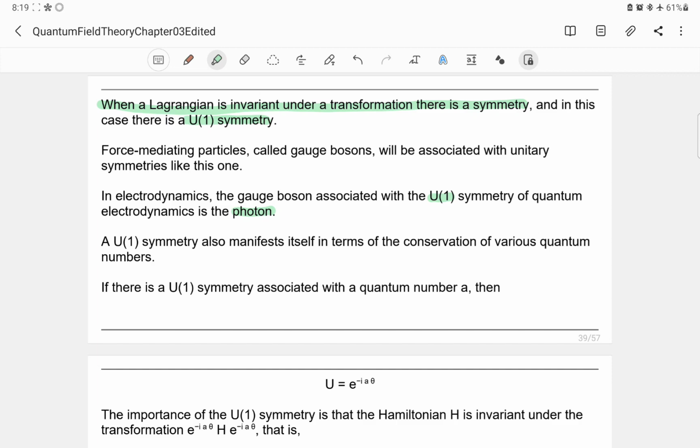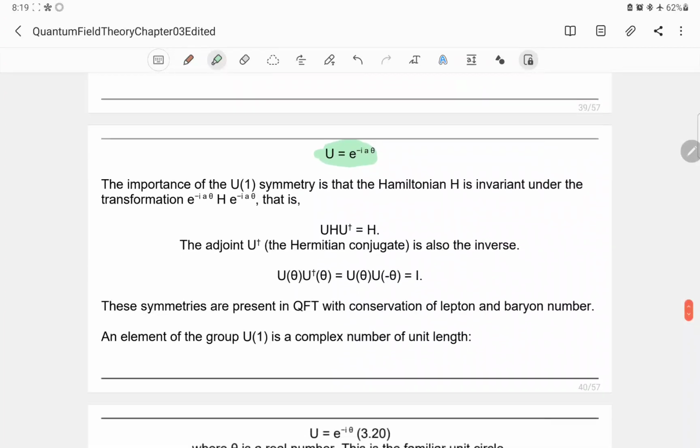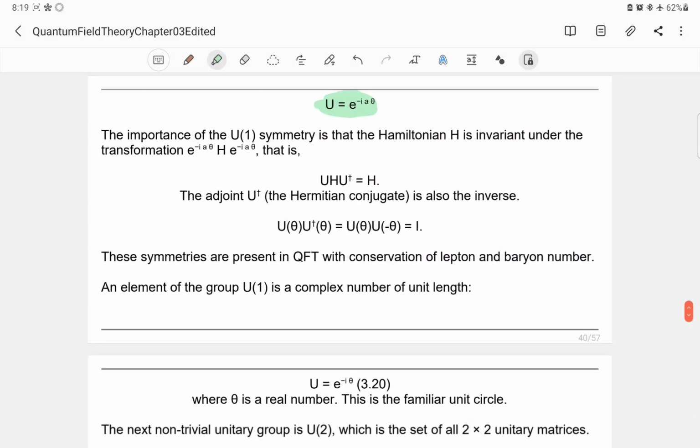A U1 symmetry also manifests itself in terms of the conservation of various quantum numbers. And if there is a U1 symmetry associated with a quantum number A, then your U would have to be written in this form for the U1 symmetry. The importance of the U1 symmetry is that the Hamiltonian H is invariant under the transformation here.